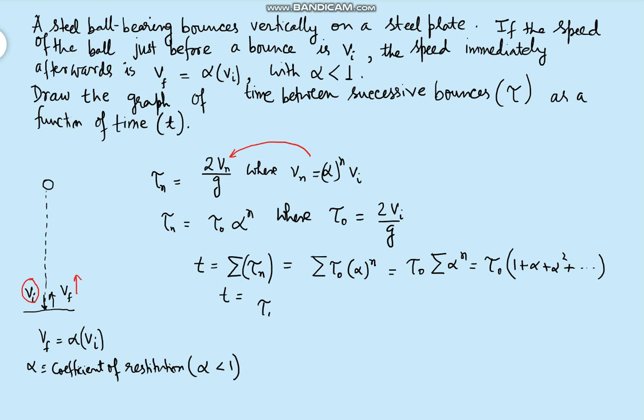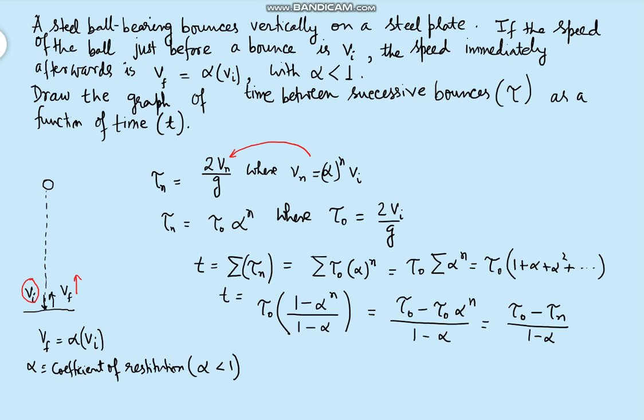So I can write tau naught into the summation, which is 1 minus alpha to the power n divided by 1 minus alpha, is it not? Then further it will be equal to tau naught minus tau naught alpha to the power n divided by 1 minus alpha, and tau naught alpha to the power n is tau n. So therefore we have tau naught minus tau n divided by 1 minus alpha.